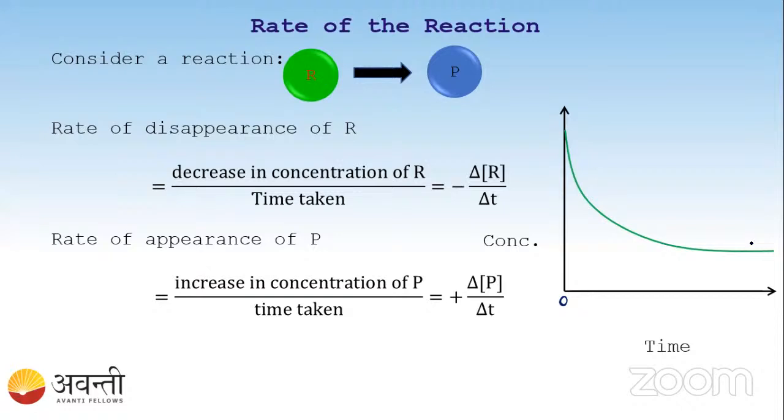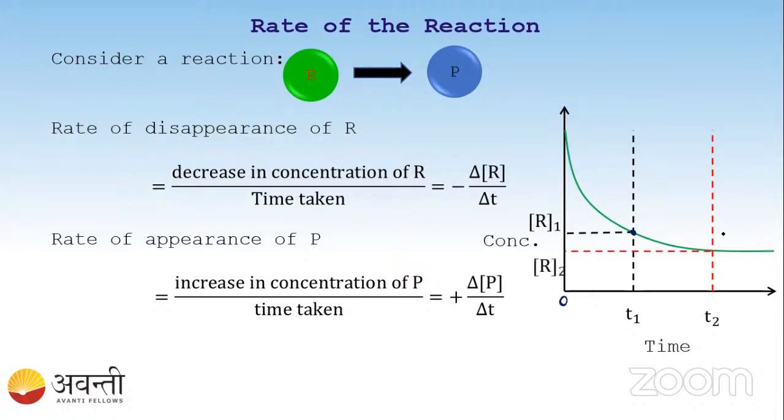So this is all about the reactants. At a particular time t1, whatever the concentration is, you will represent it with R1. So at a particular t1, the concentration is R1. At a particular t2, the concentration is R2.